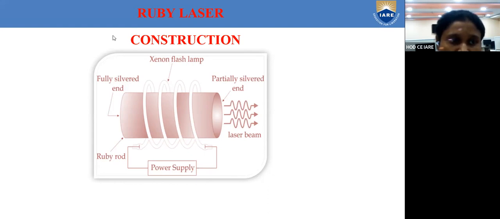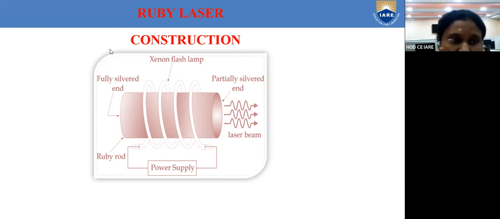Only these members are alert in the class. What about the others? I want those who have joined to raise their hands so I can know whether you are actually alert or just logged on. Only 13 students are alert.